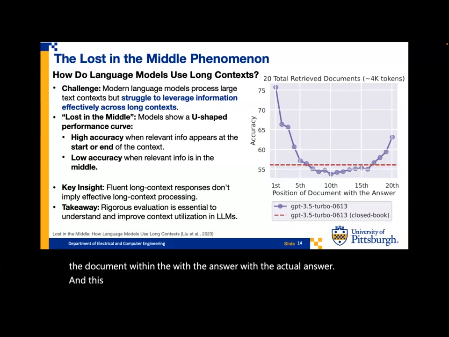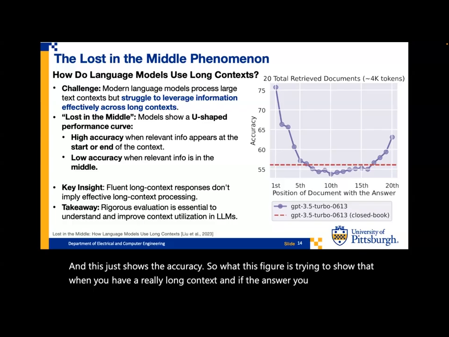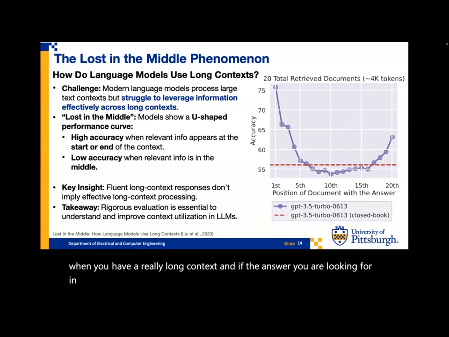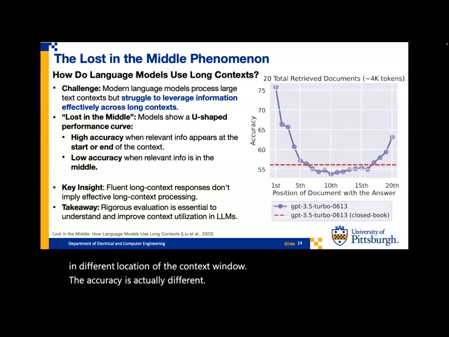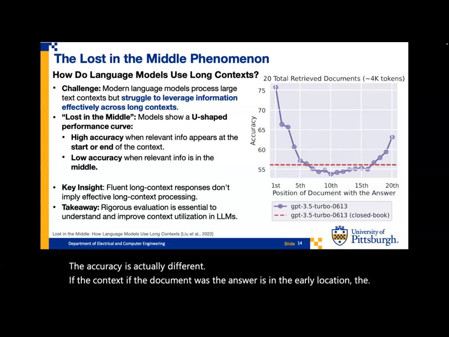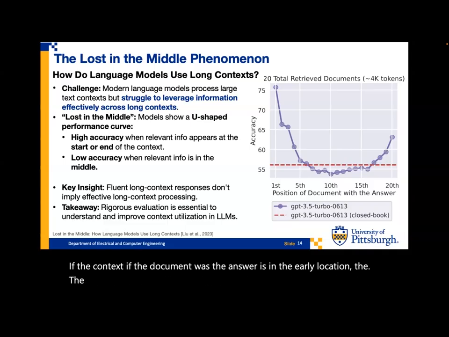What this figure is trying to show is that when you have a really long context and the answer you are looking for is in different locations of the context window, the accuracy is actually different. If the document with the answer is in the early locations, the accuracy is going to be high.